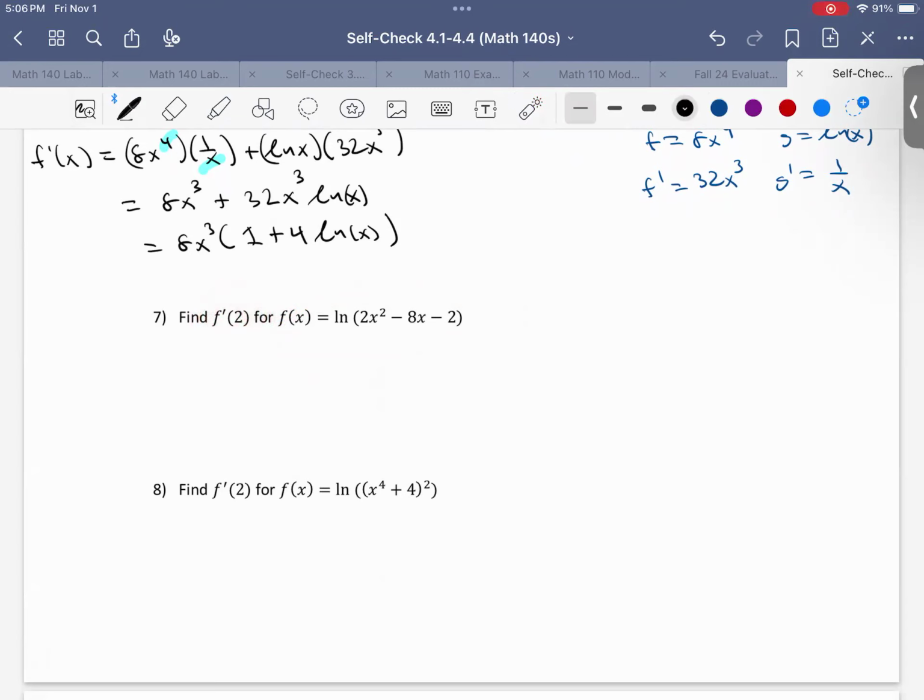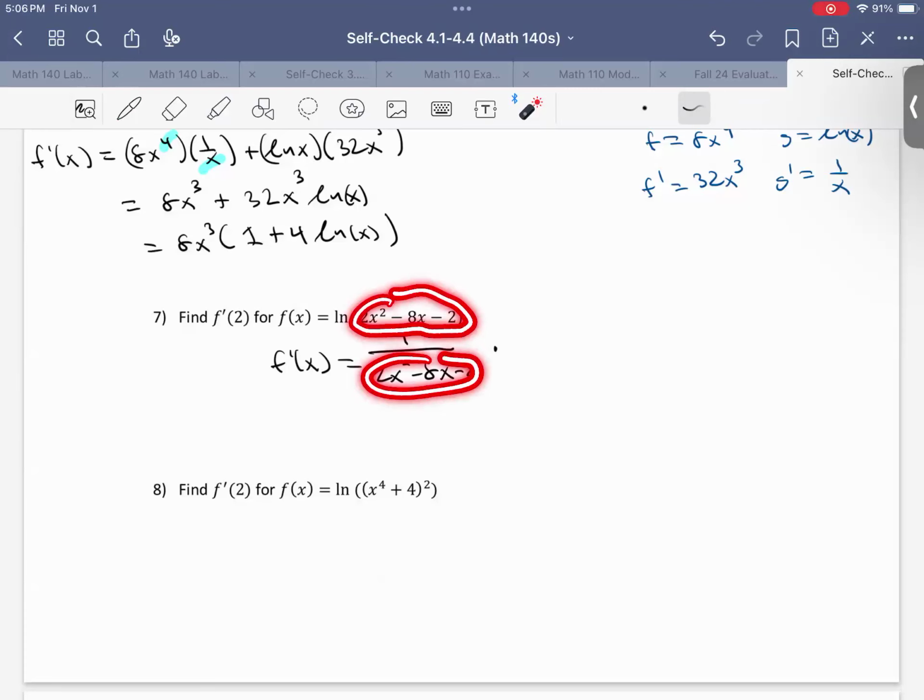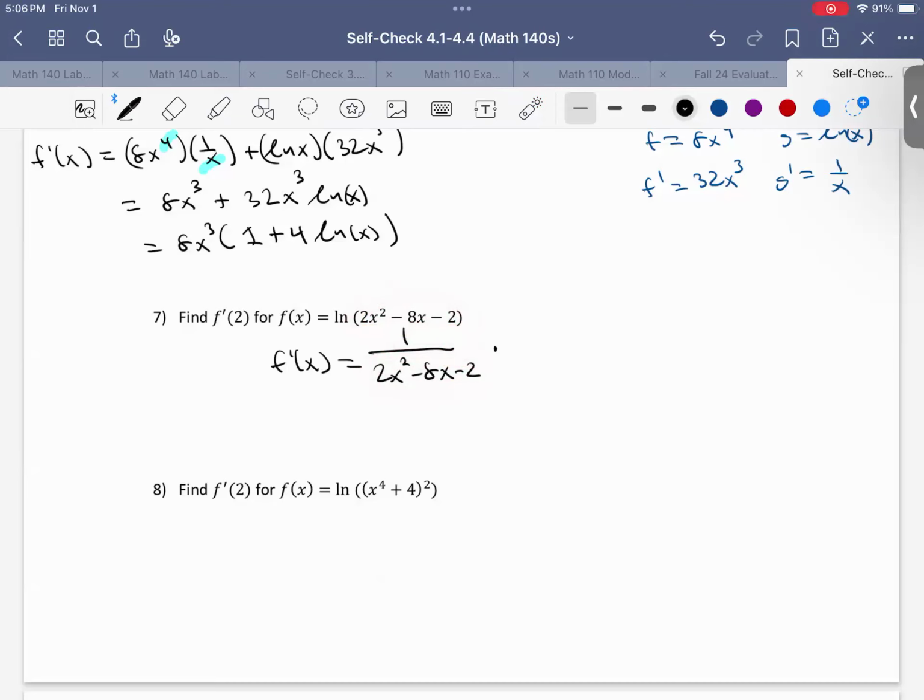So f prime of x equals 1 over 2x squared minus 8x minus 2 times the derivative of that inside. So times the derivative of 2x squared minus 8x minus 2, which would be 4x minus 8.